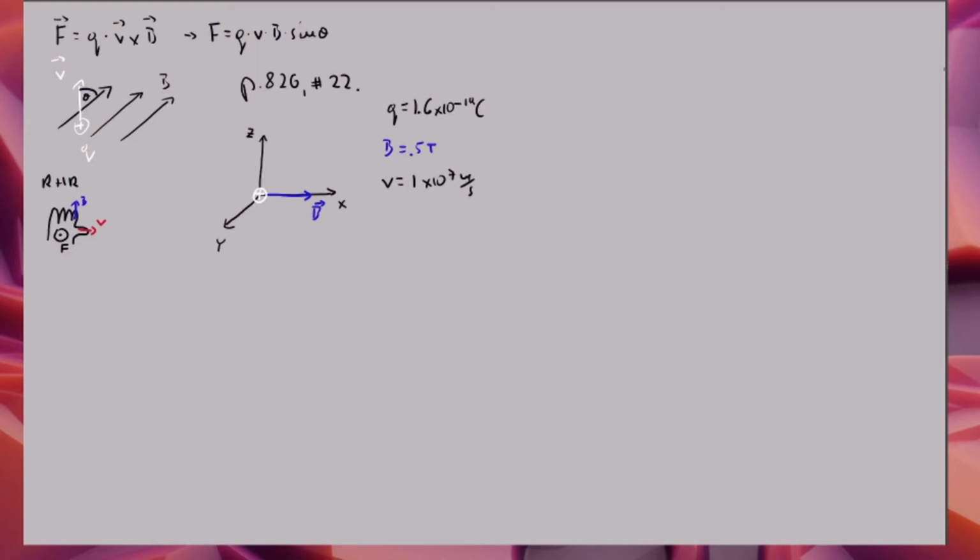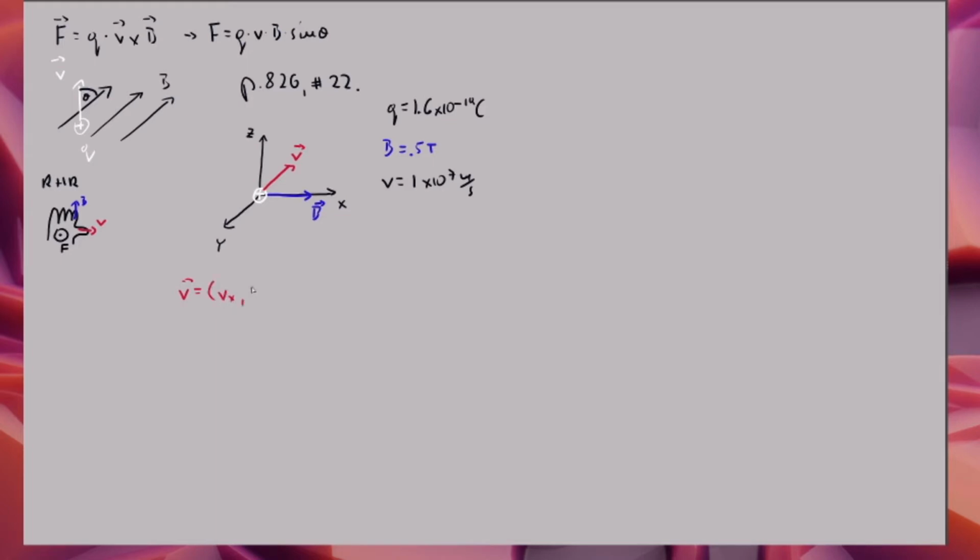And then the direction of the velocity vector is like this. Now this velocity vector is in the xz plane, which means that the velocity vector has some x component, so some vx.